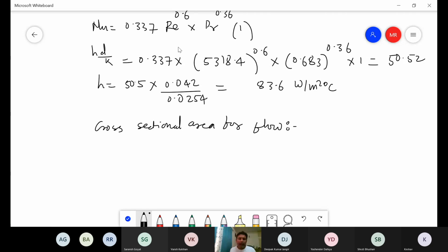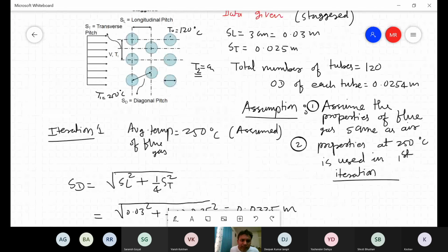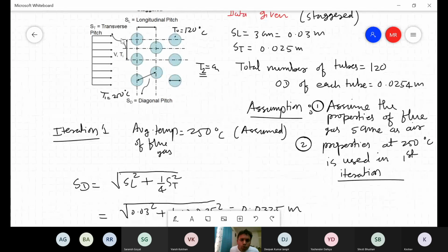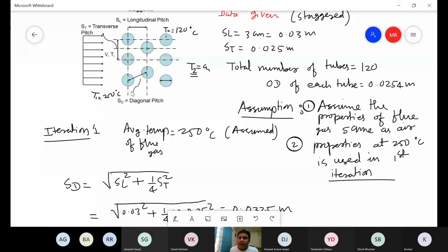So the transverse pitch, if I look carefully, if I again go back, in a given transverse pitch there are 2 rows of tubes, isn't it? And how many rows are there in the transverse direction? There are 10 rows, isn't it? So if I have to find out the cross sectional area, that means the length of the tube, 1 meter, into, there are 5 such transverse rows.